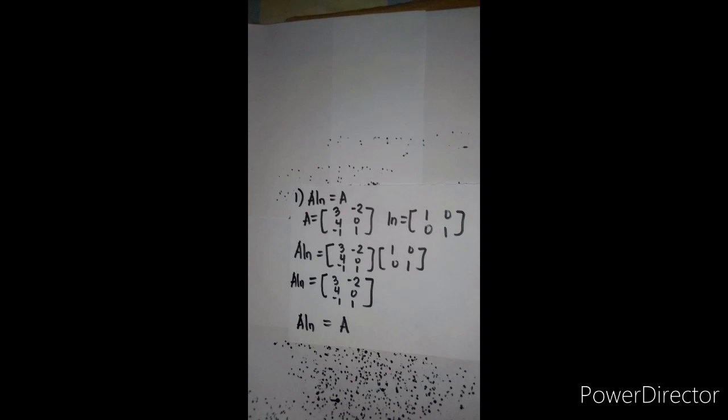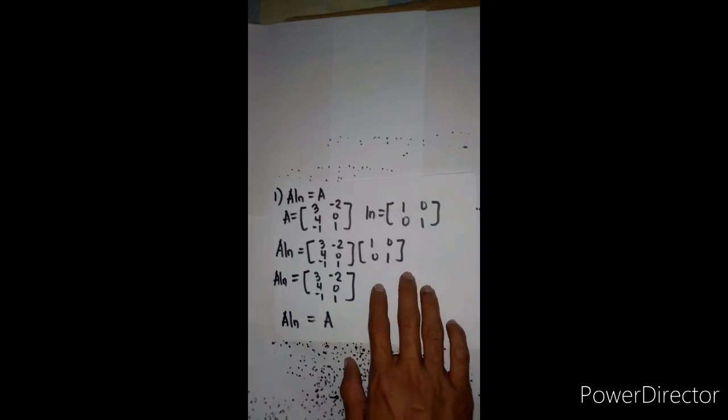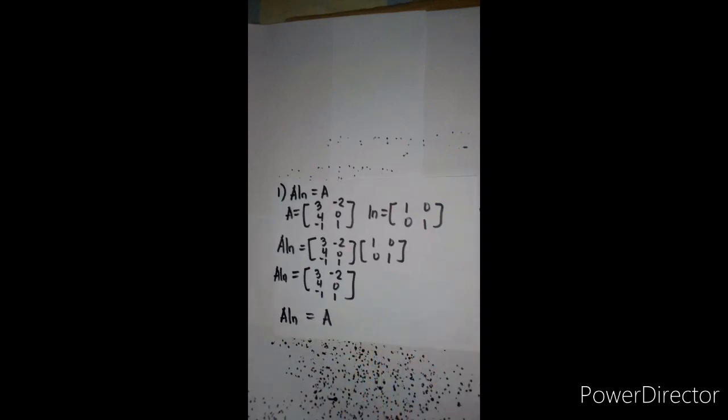First, for our first property, we have a given value of A, which is 3, negative 2, 4, 0, negative 1, and 1. And the other is 1, 0, and 0, and 1. By multiplying these two matrices, we get a value of 3, negative 2, 4, 0, negative 1, 1.